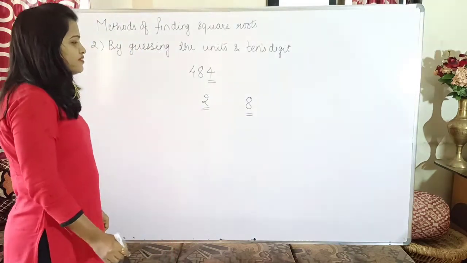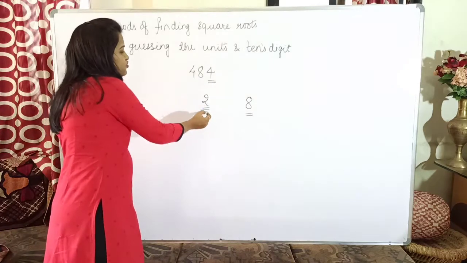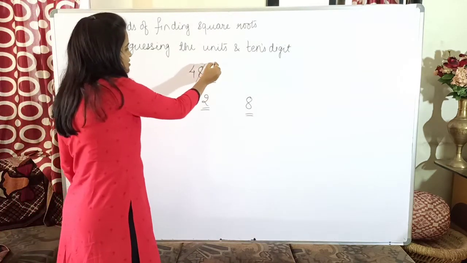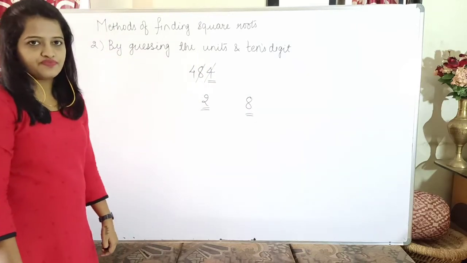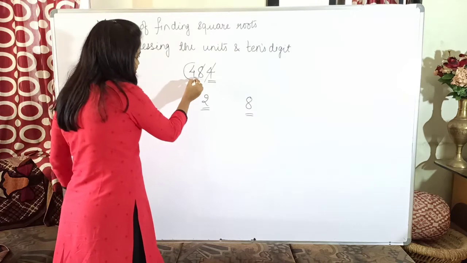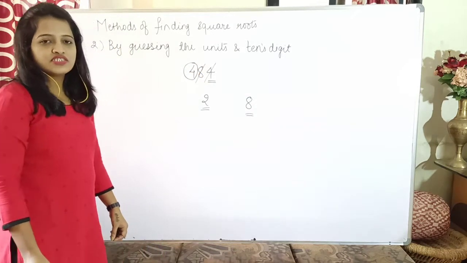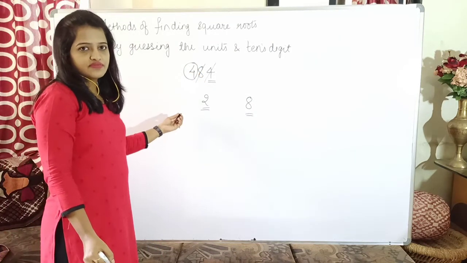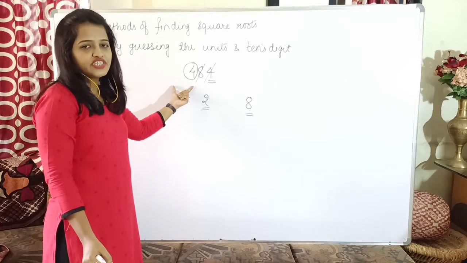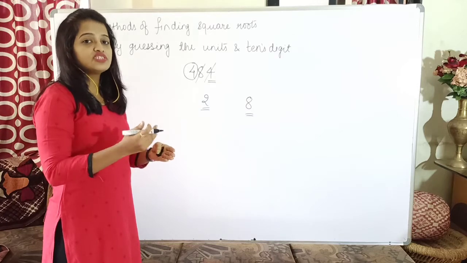What is my next part? Once you have found the digit at the units place, cancel the units and tens place digits. Now whatever number is present, check whose square it is. Either it will be a square, or if it is not a square you have to check the value which is less than that.